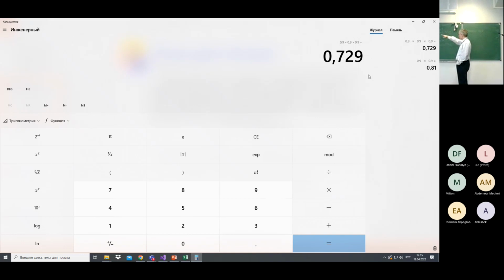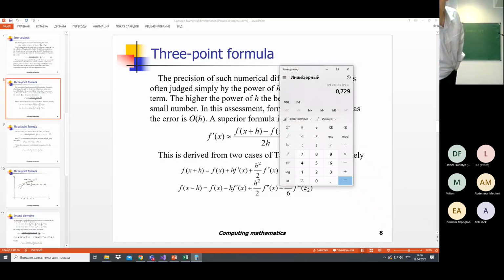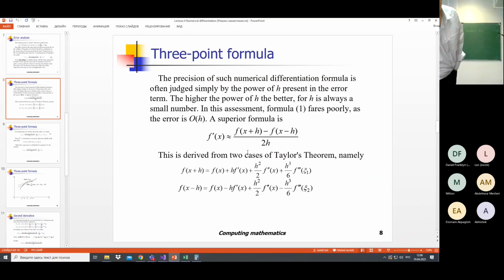And after that, when we compute this value, you can substitute it here. This minus this, over 2h.